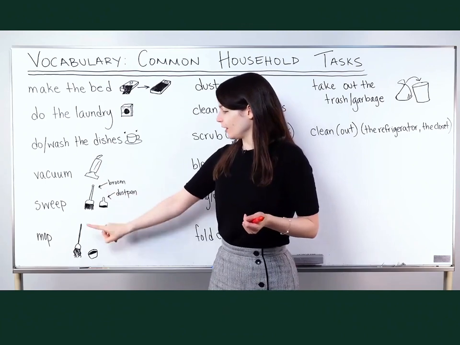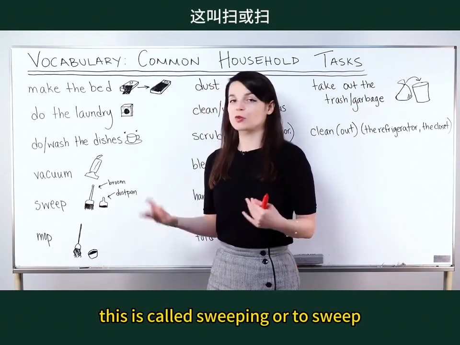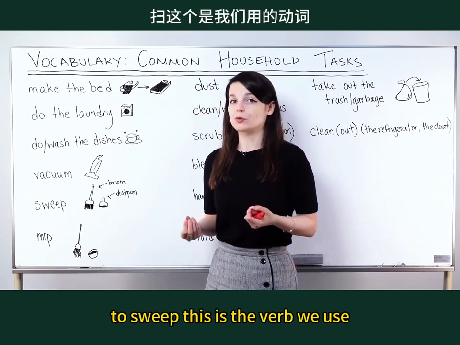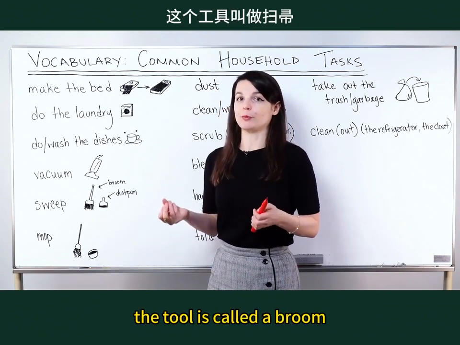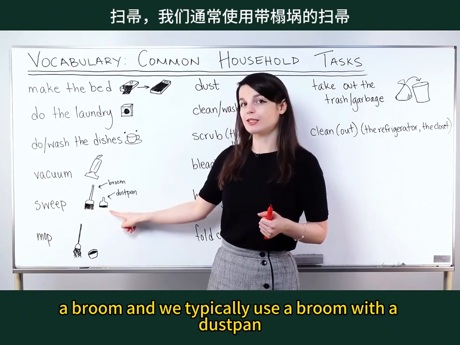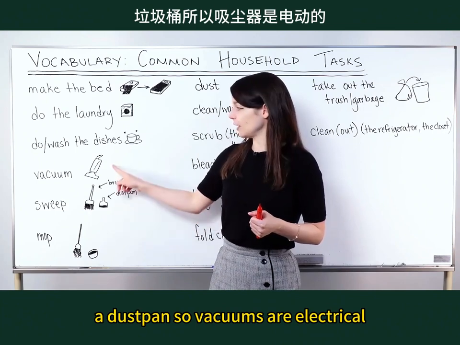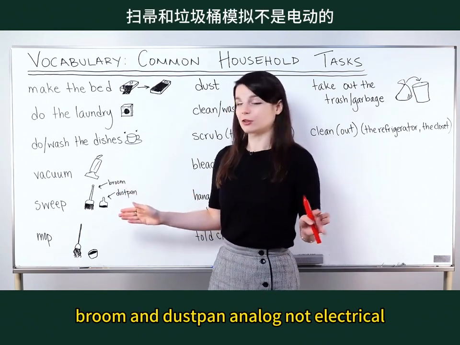This, however, when we use this tool, this is called sweeping or to sweep. To sweep. This is the verb we use. The tool is called a broom, and we typically use a broom with a dustpan. So vacuums are electrical, broom and dustpan analog, not electrical. So we sweep.